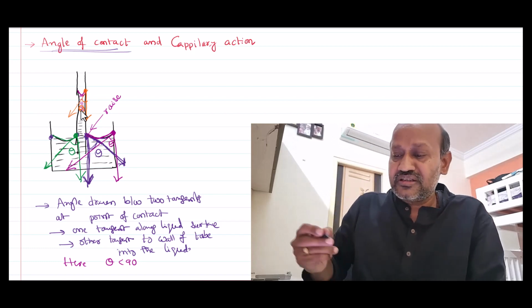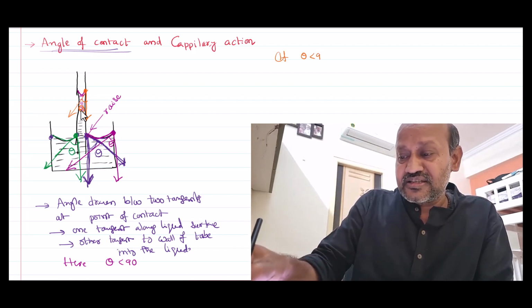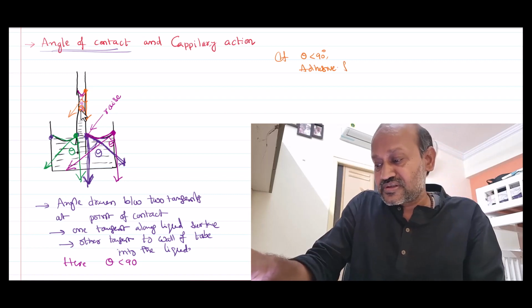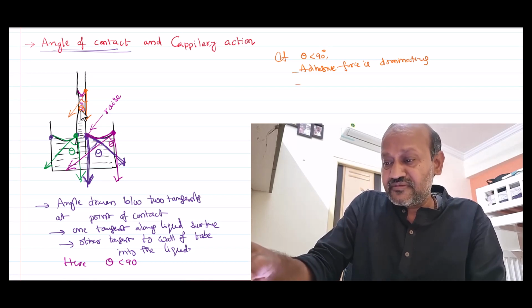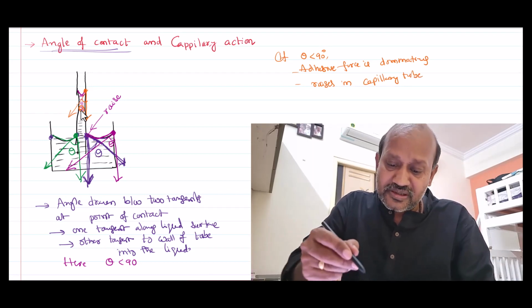So one point that you have understood here is that if theta is less than 90 degrees, it means adhesive force is dominating. As adhesive force is dominating, the liquid level rises in the capillary tube.